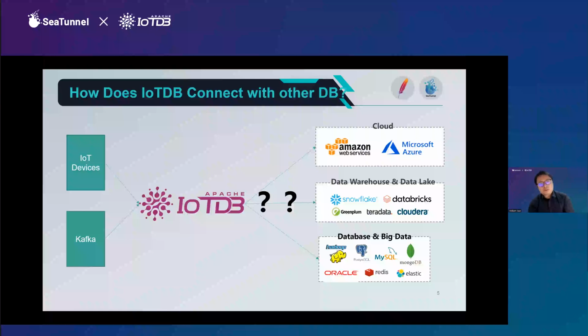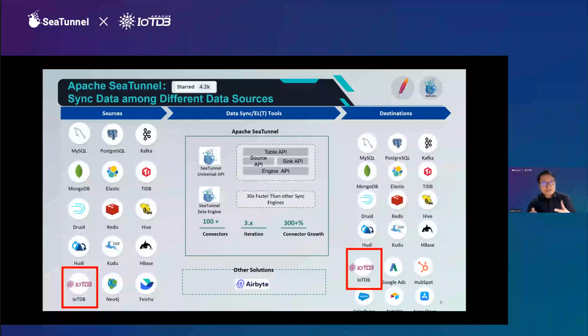But how do you transfer data from IoTDB to your cloud, or transfer your data to your data warehouse or data lake, or sync data from IoTDB to your database or other big data platform? SeaTunnel is the tool that synchronizes data among different data sources.